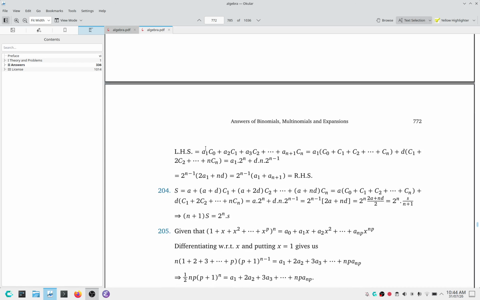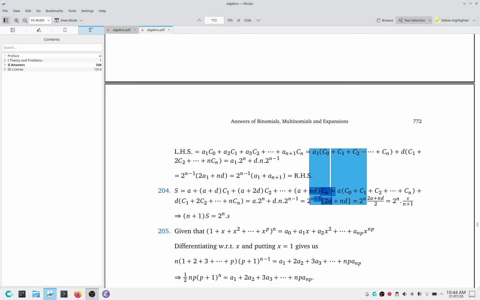So left hand side we write a1 c0 plus a2 c1 plus a3 c2 up to an plus 1 cn. So we substitute for all the terms the AP form. We get a1 times c0 plus c1 plus c2 up to cn plus d times c1 plus 2 c2 up to n cn.